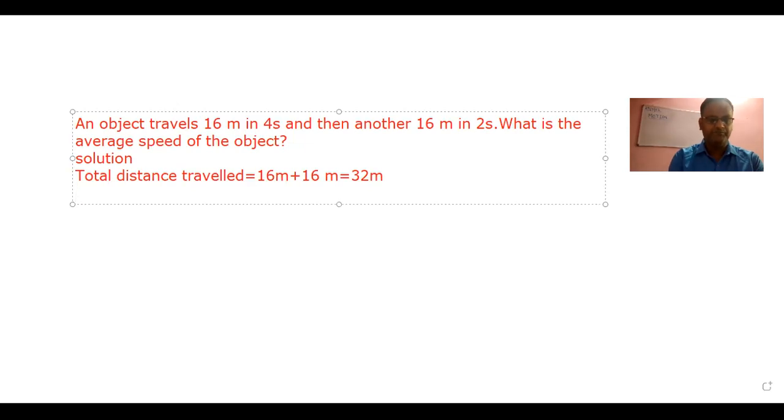Total time taken is equal to 4 seconds. Initially, for the first 16 meter, the object was taking 4 seconds, and for another 16 meter, it is taking 2 seconds.